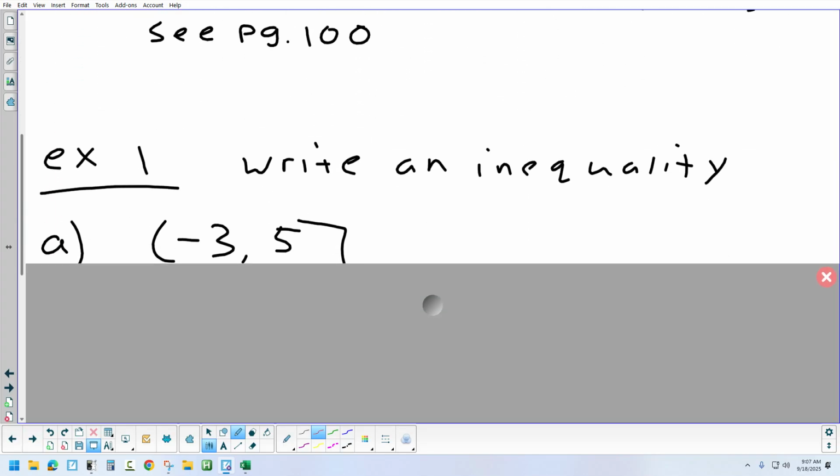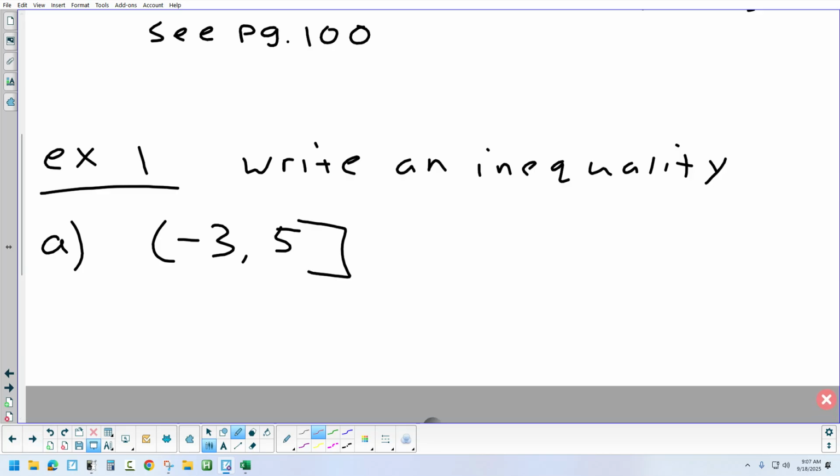All right, so now let's practice taking something that is in set notation. That's what this is. And I want to convert it to an inequality. Anyone think they could tell me how I would write this as an inequality? And I'm looking for something with like an x in the middle.